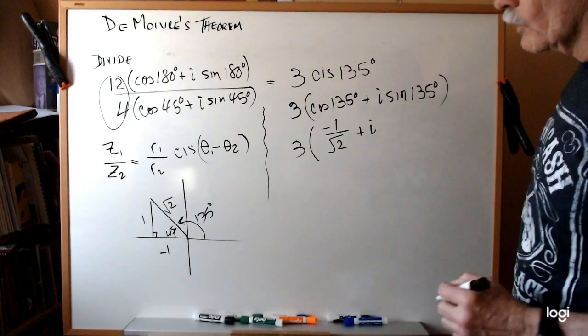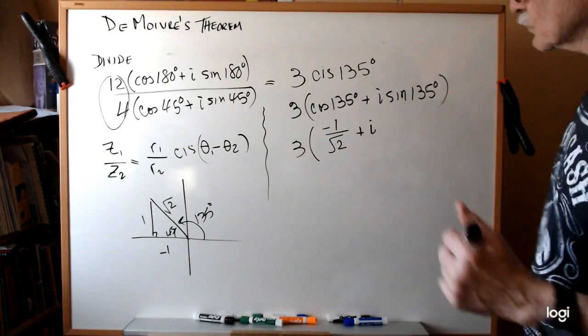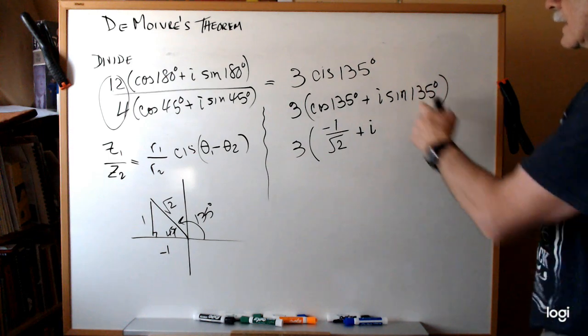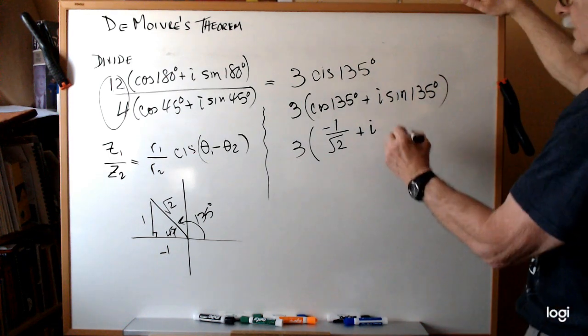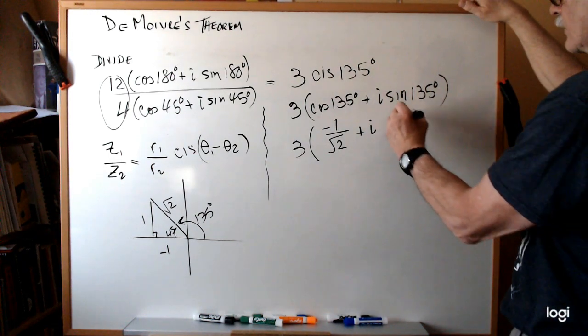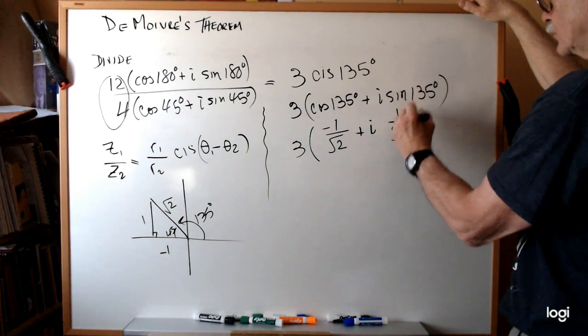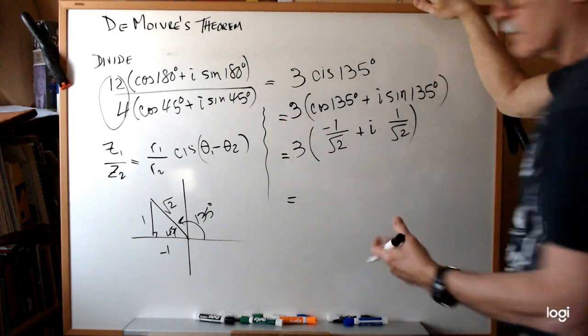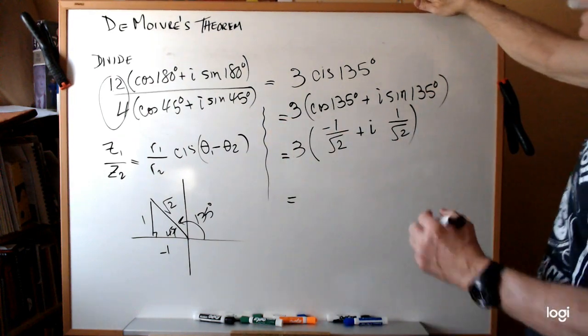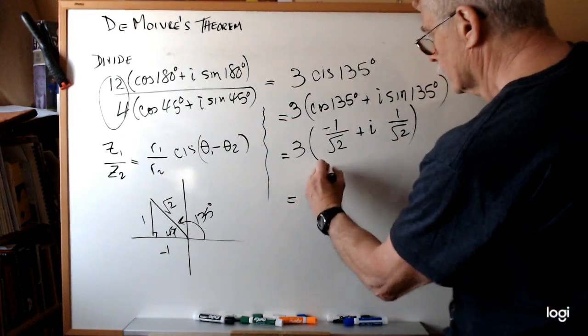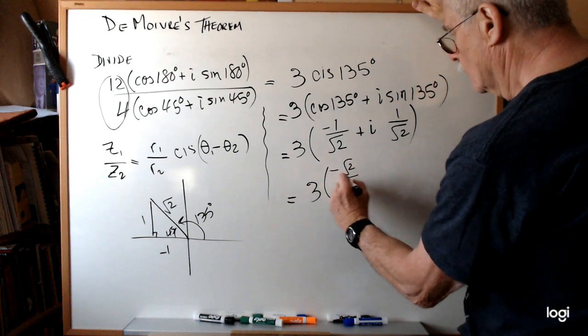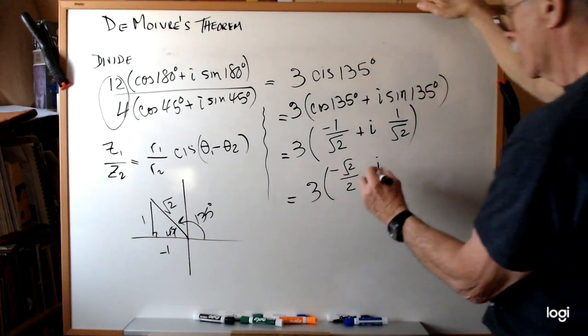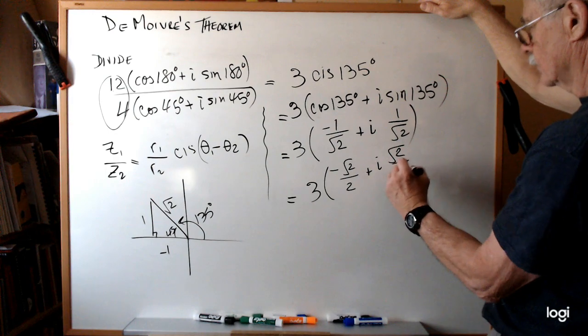It's adjacent over hypotenuse. Okay, we can fix this up later. In fact, we probably will. And the sine of 135 is positive 1 over radical 2. So let's fix this up a little bit, because often the book will have the answer in simplest radical form. So I've got 3 (negative rad 2 over 2 plus i rad 2 over 2).